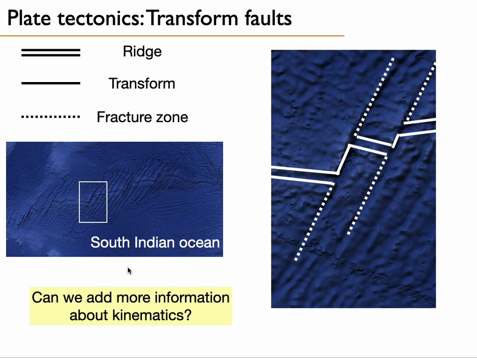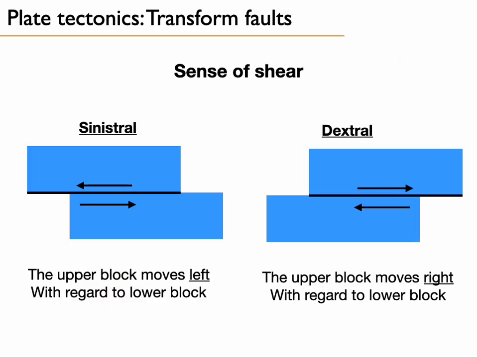One question here is, can we add more information about the kinematics of these systems? You should know senses of shear from structural geology. A sinistral sense of shear is when the block in front of you, if you're standing on this block, is moving towards the left.